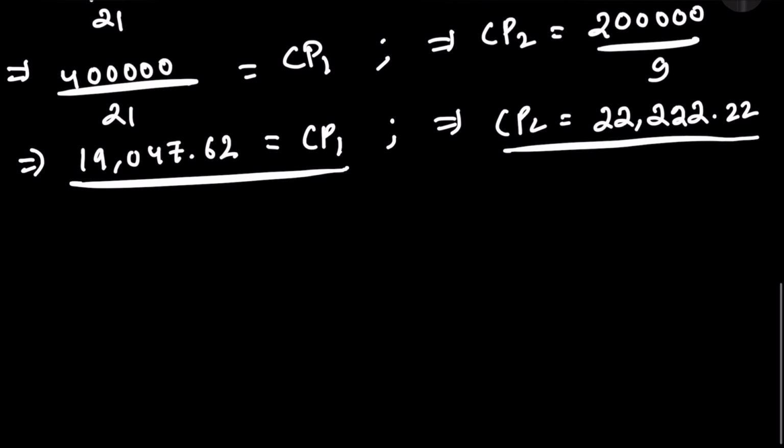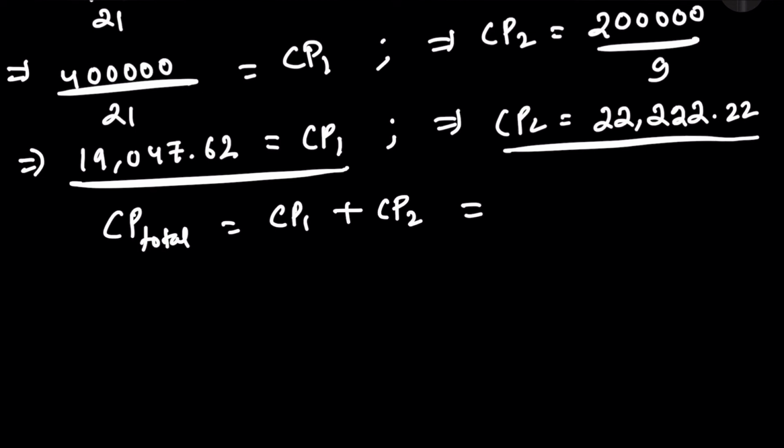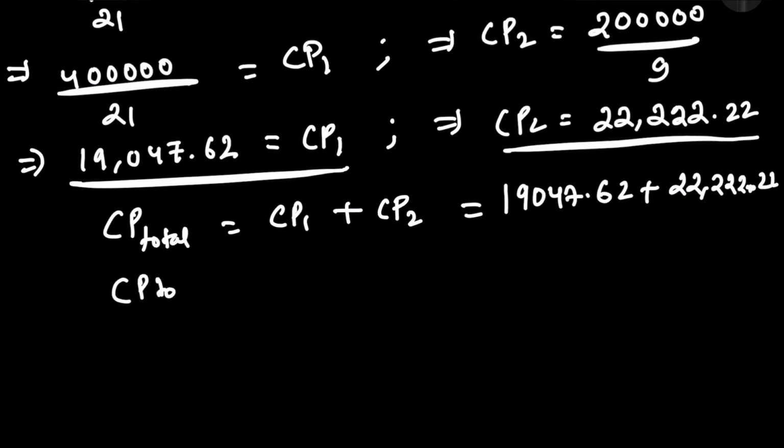So now to find whether there is an overall gain or loss, we'll add them both up. So CP total will be equal to CP1 plus CP2, which is equal to 19047.62 plus 22222.22, and CP total will be equal to 41269.84.